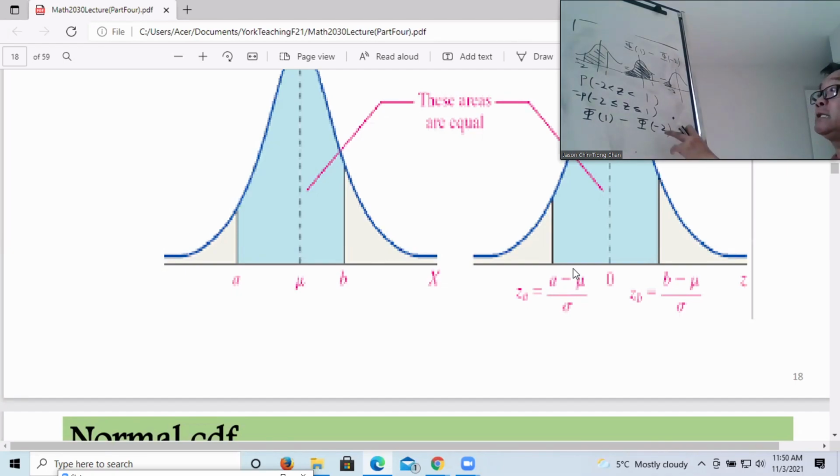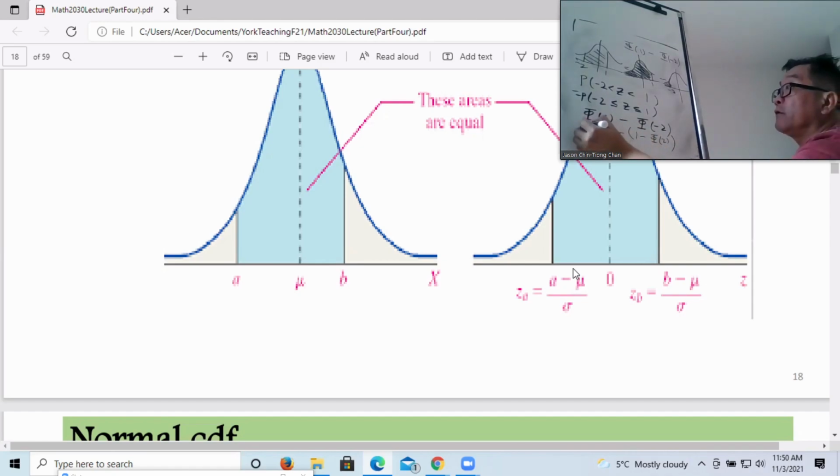Our question is our Z table does not have negative values. So what to do? 1 minus. Do you agree or not?